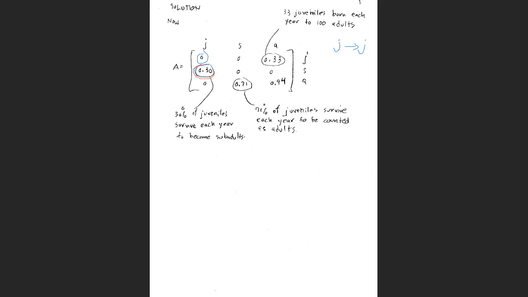Why do we have a 0 in this spot in the first column? Can a juvenile become a juvenile? Can a juvenile after a year become an adult? Good, Ariana, you're right. No, that can't happen.